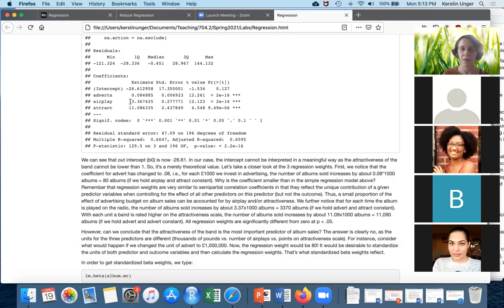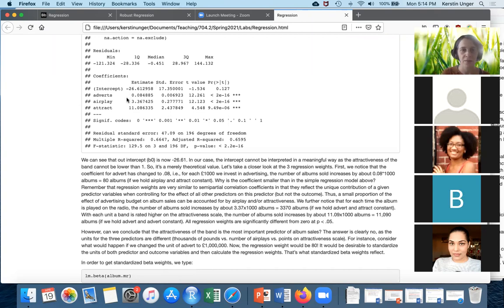Keep in mind that if you want to interpret one as a slope, the other two predictors have to remain constant. Then you could interpret this relationship like a simple regression between this one predictor and the outcome variable.